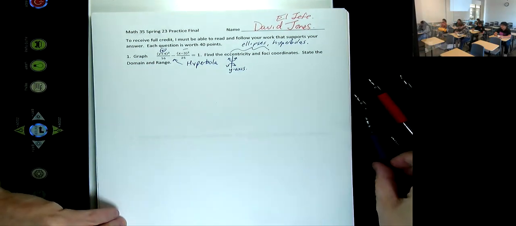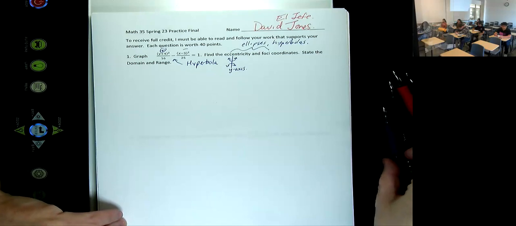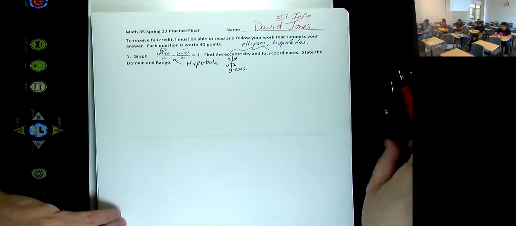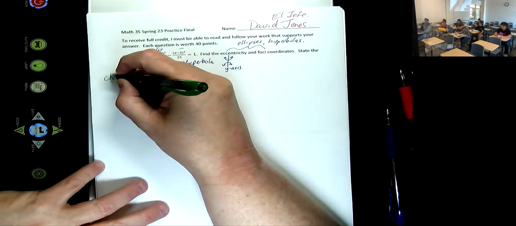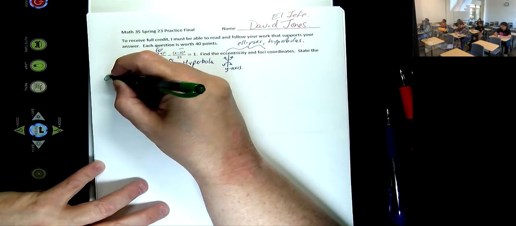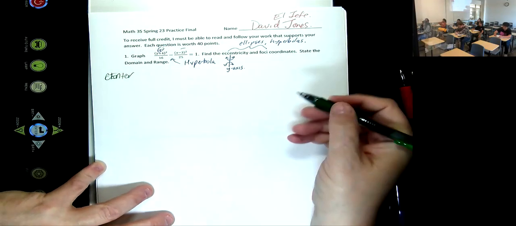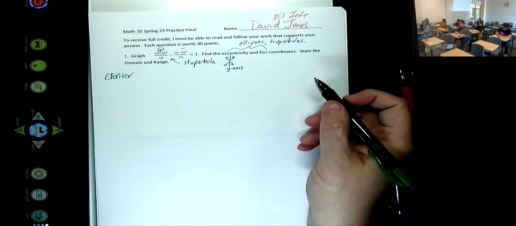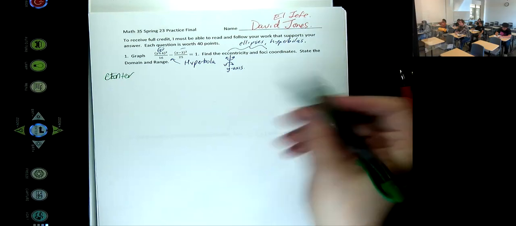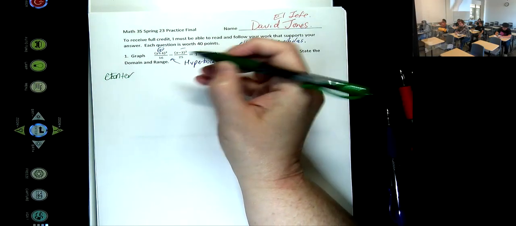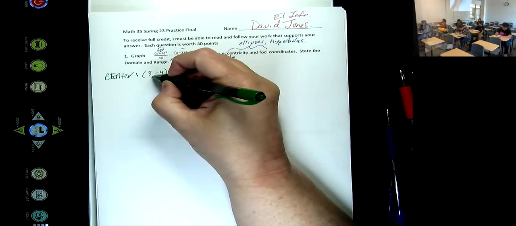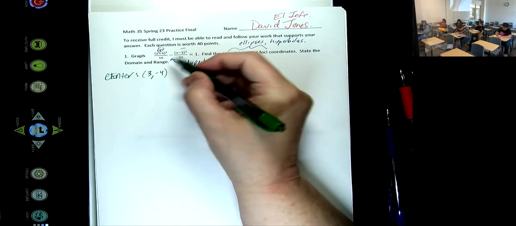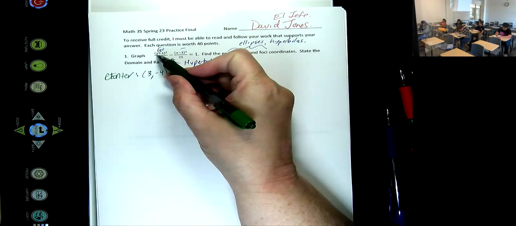All right, so it says graph it, which means I need a couple of pieces of information. I need the center, which is what? It is 3, -4. Remember, just because the 4 comes first, it's associated with a y.